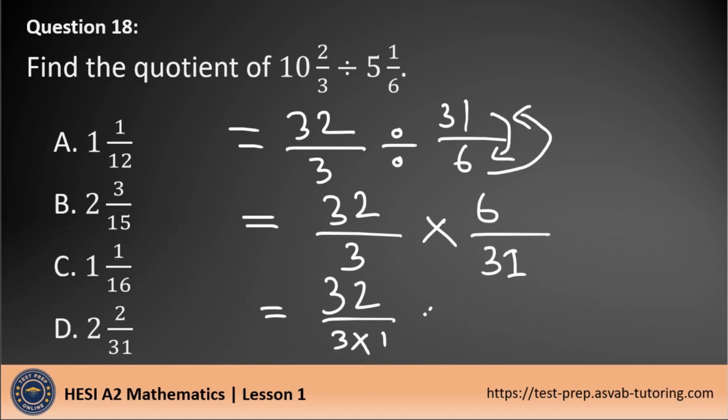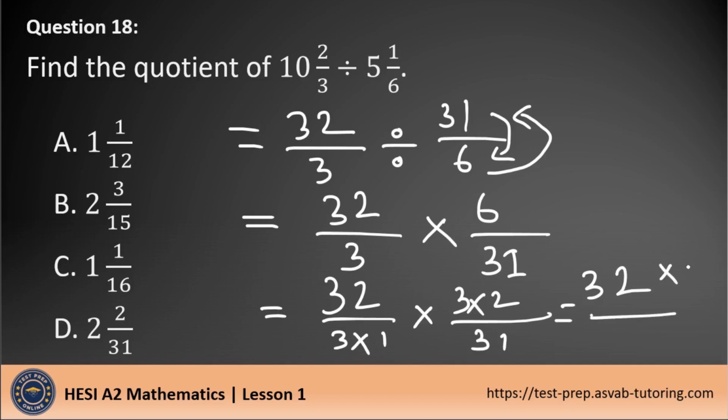It's 31, and now it comes like 32 multiply with 2, because the 3 and 3 will cancel, and here 32 multiply with 2, and here the denominator is 31. So the final result we will get is 32 multiply with 2 equals 64, and here the denominator is 31. So now we will match with the answer.